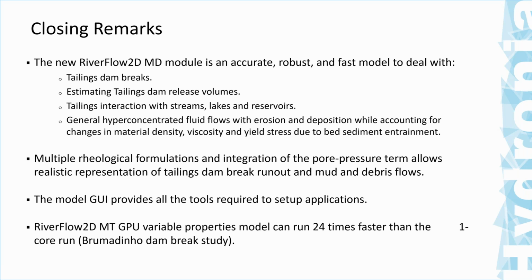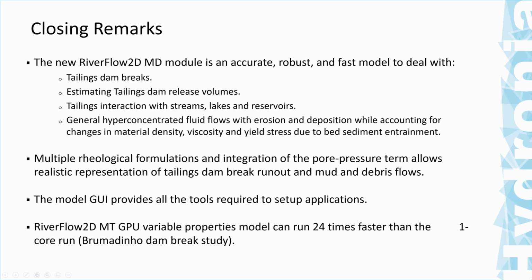Since we provide multiple rheological formulations and integration of the pore pressure, we have been able to replicate field scale experimental data, which we think is a more realistic way to represent tailings dam breaks, runout, and mud and debris flows.